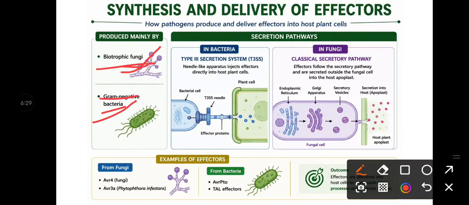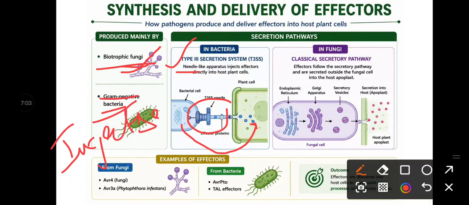In bacteria, there is a special secretion mechanism, the type 3 secretion system. It is a needle type apparatus. The bacteria has a needle type apparatus, so it directly injects the effector protein from its cytoplasm to the cytoplasm of the host. This is also known as the injectosome.